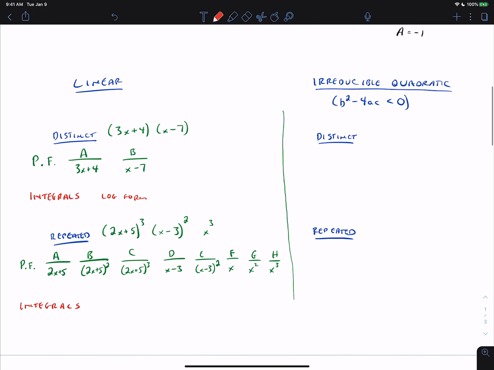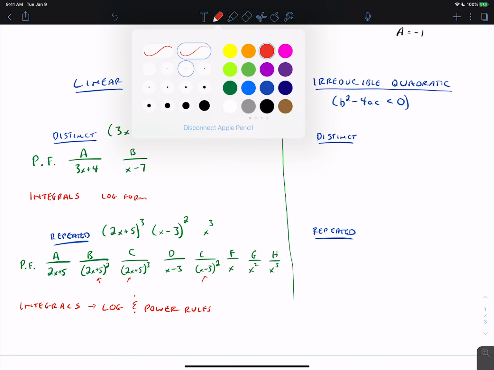When we have higher powers and they're repeated, so if I have 2x plus 5 squared or 2x plus 5 to the third or x minus 3 squared, those are power functions. So you bring those up and make it like B times 2x plus 5 to the negative 2. So when we do integrals, we use log forms for some and power functions for the other. So we use the log rule for the ones that are the first power. We use the power rule for the ones that are the higher powers. We'll talk about irreducible quadratics a little bit later.